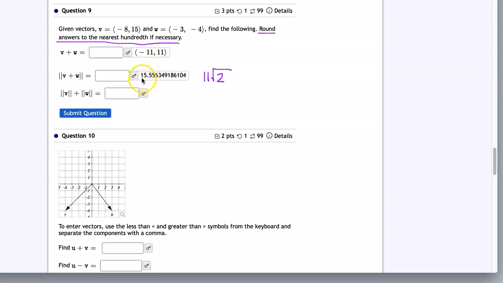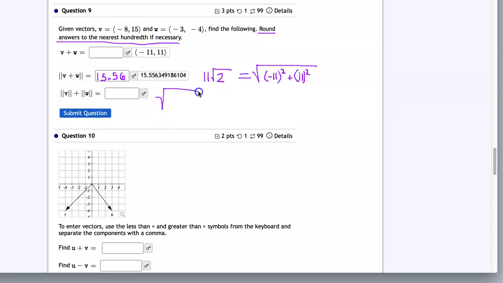We do get to round in this problem, and we do get to write the answer as 15.56. That would be rounding to the nearest hundredth. Now, these two are going to be taking, instead of negative 11 squared plus 11 squared, I should have shown my work here. Okay, so there you go. The vector magnitudes here are going to be, okay, we've got v, which has got these lengths right here.